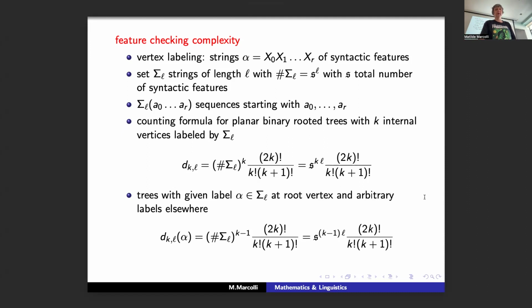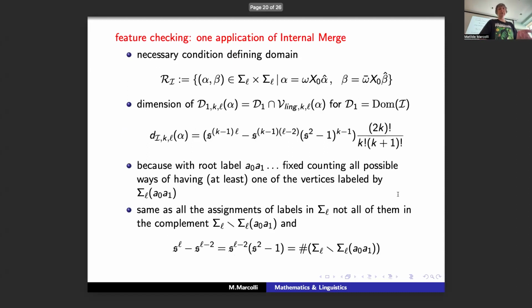And so you can fix, say, what the label is at the root, and then look for arbitrary labels elsewhere, and among these check for domain consistency with whatever labeling you have at the root. And so you have the necessary condition that defines the domain where you can apply it. In internal merge, it is where you have the matching between what you have at the root and the beginning of what you have at some other site that you want to use for movement.